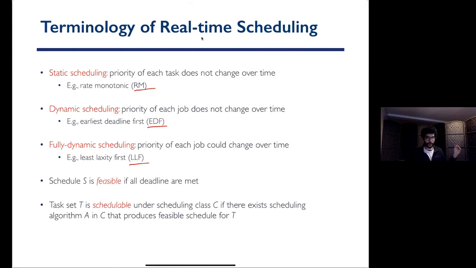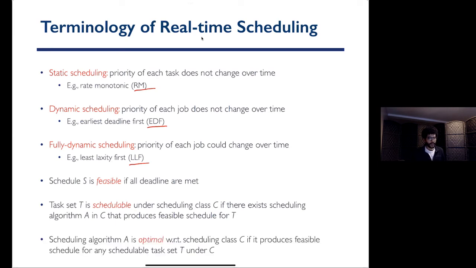So if I say this task set X is schedulable under the static scheduling class, it means that there is one static scheduling algorithm that can produce a feasible schedule for this task set.